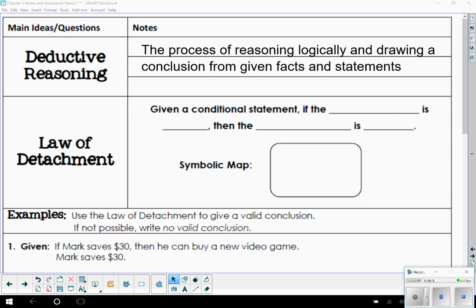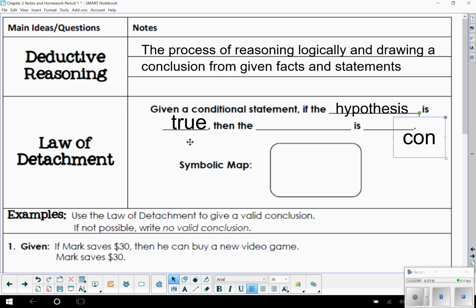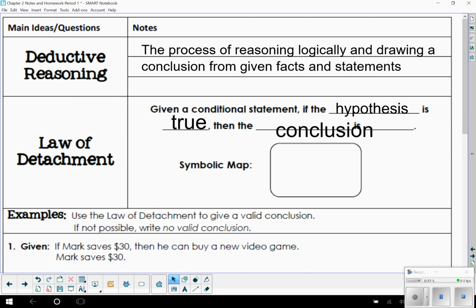Given a conditional statement, if the hypothesis is true, then the conclusion is also true.